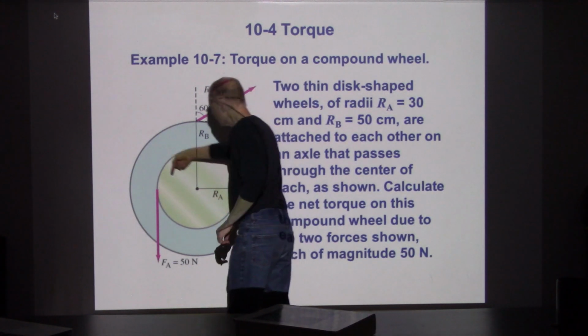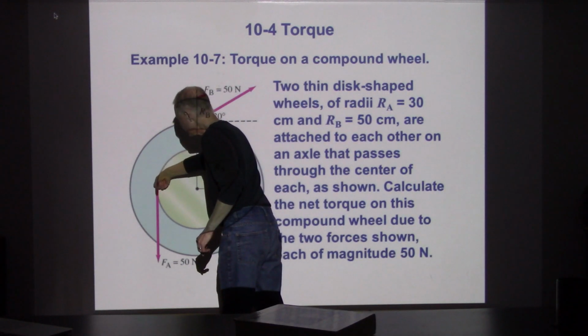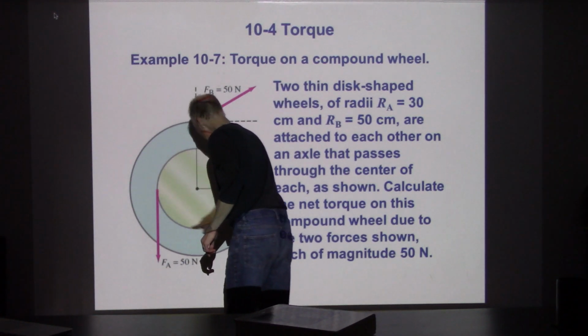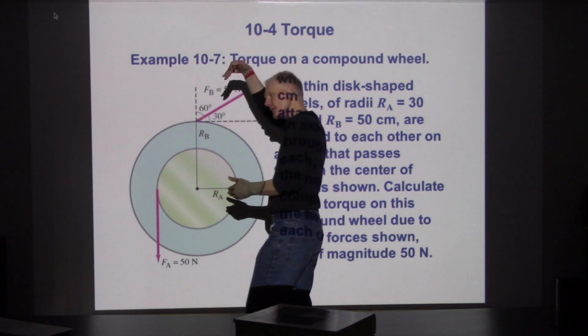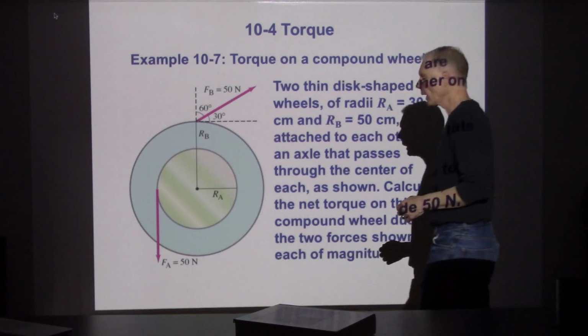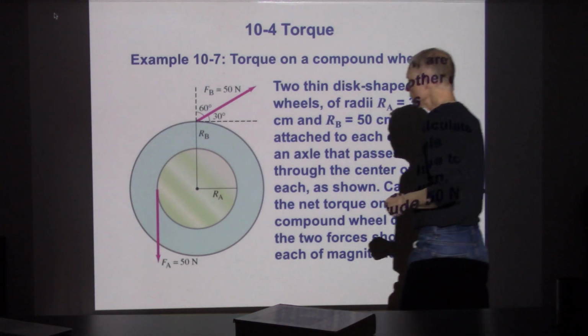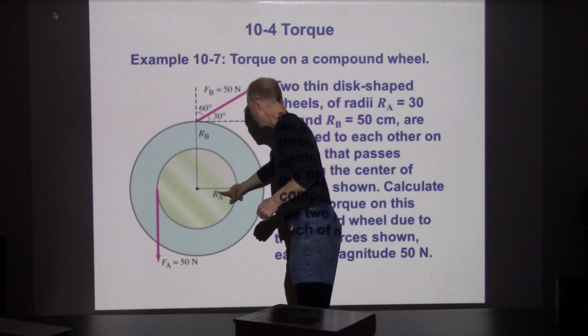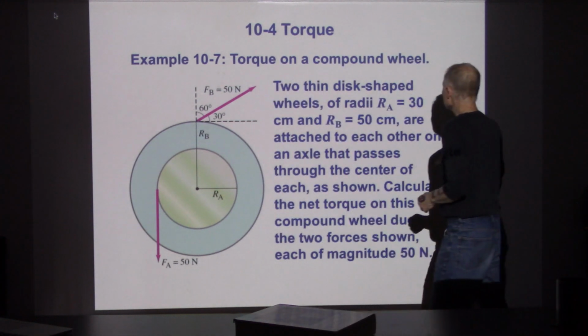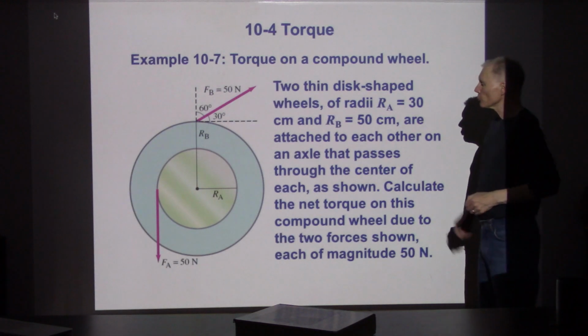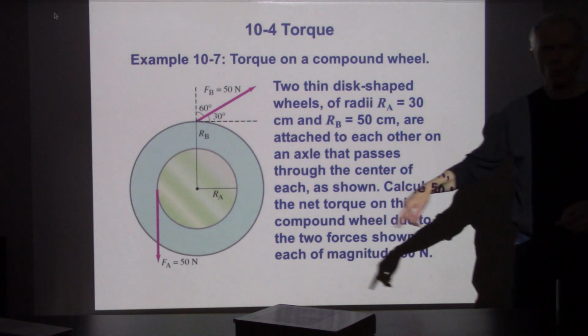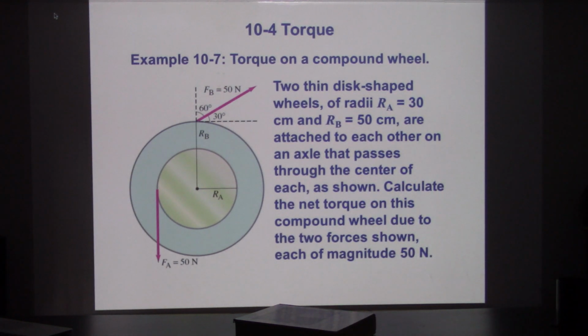It looks like, because the force is placed tangential to that circle, to the cylinder, we can take the entire force, 50 newtons, and say that it has a lever distance of radius A, and radius A is 30 centimeters. So I can take force A, multiply it by RA, and that's how much torque.